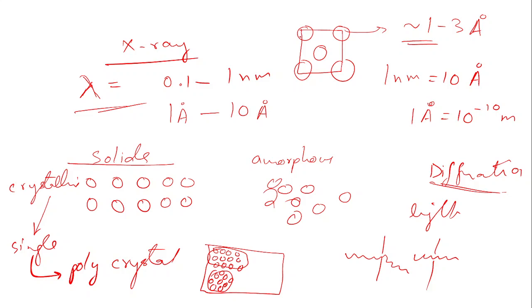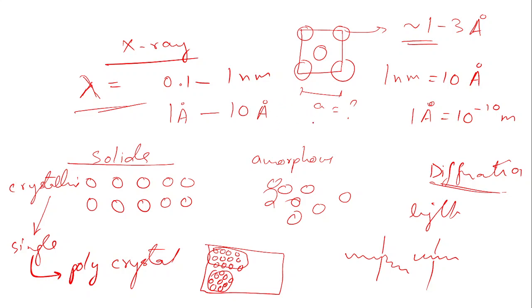Even if you make any other light incident, you will not be able to get the kind of information that we get from X-ray, because X-ray shows diffraction, and from diffraction we can even get to know the lattice constant of this unit cell. Before, we were calculating packing fraction and everything, but how do we find out the unit cell, because an atom is so small? So we use X-ray.